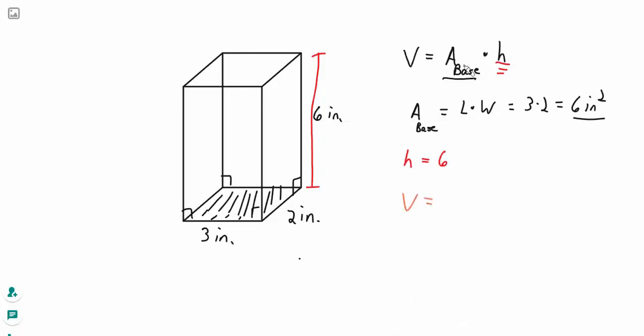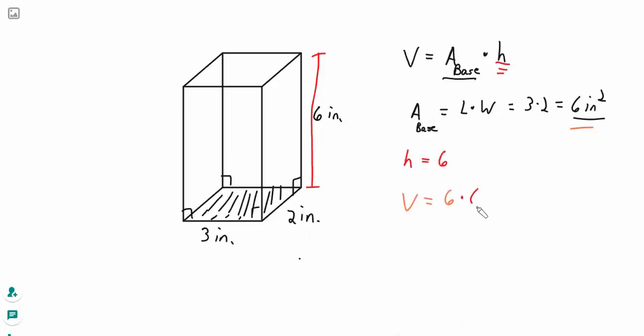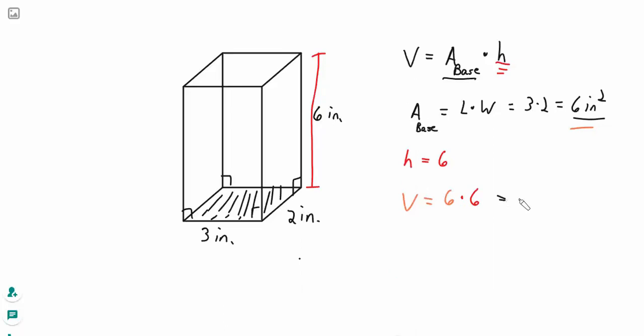The volume equals the area of the base, which we said was 6 inches squared, multiplied by our height, which is also 6 in this particular case. That, of course, gives us 36 inches. But watch out, it's cubed, raised to the 3rd power. All right, so that would be our volume for this shape.